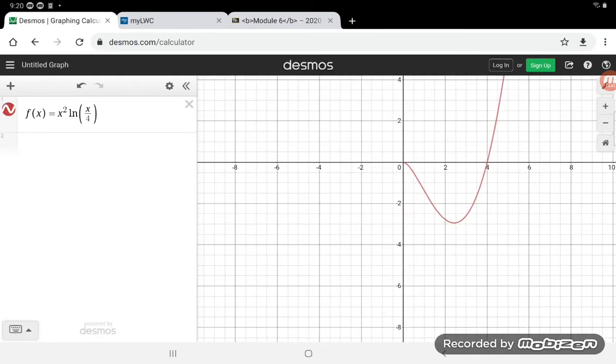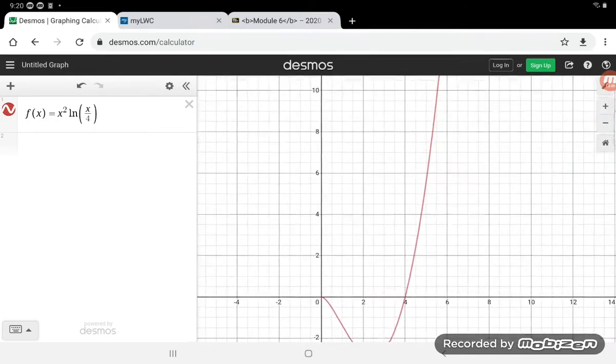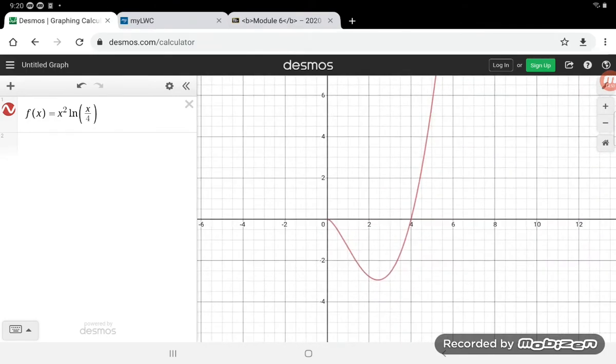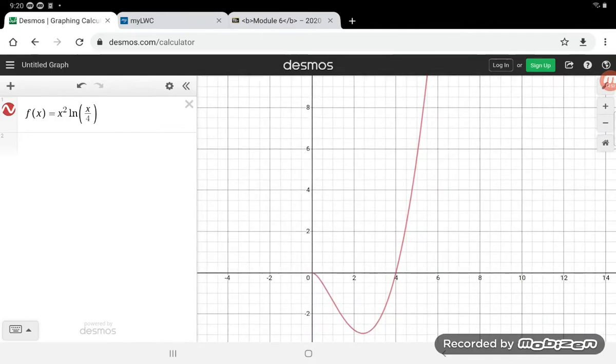So, cool. So after all that, it looks like I got a negative wrong. Right? Because right there, let's check out that number. That's 2.426.